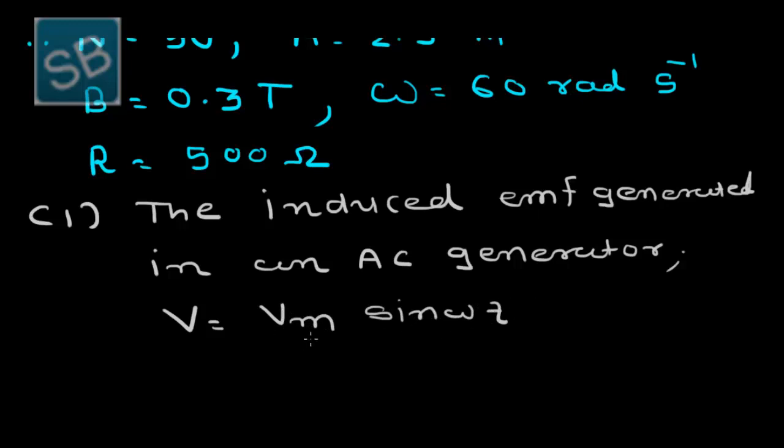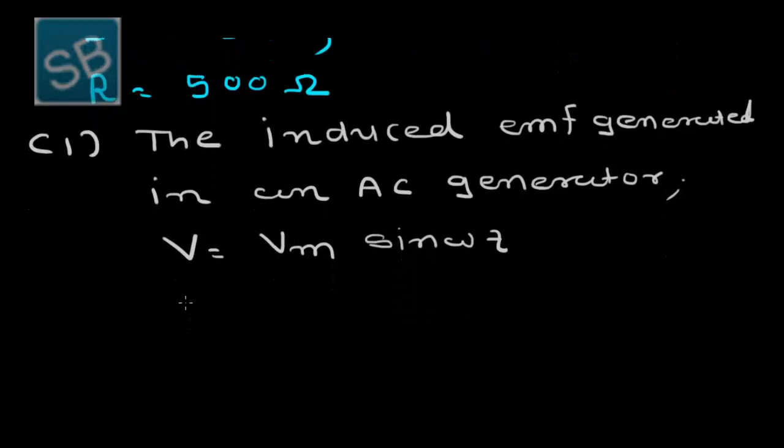But if you remember, we have assumed this Vm as a particular mixture of four quantities, that was NBA omega, into sin omega t.